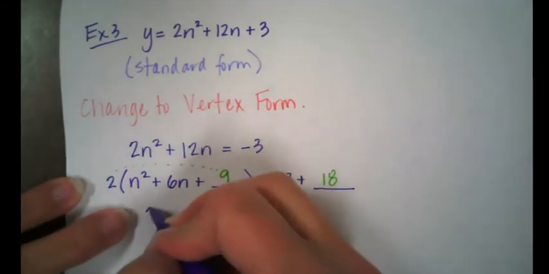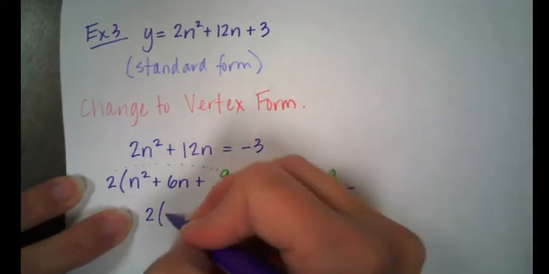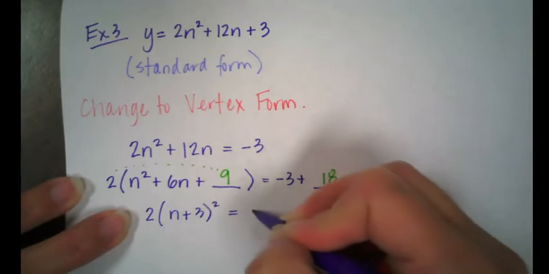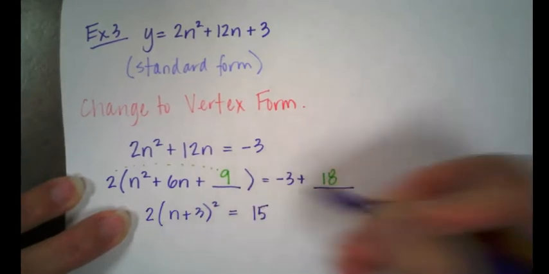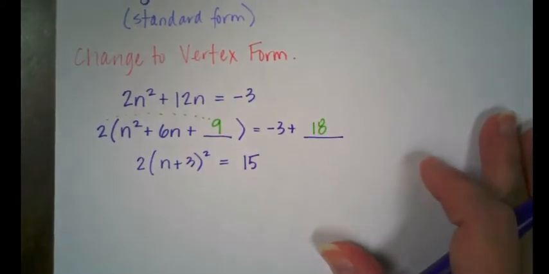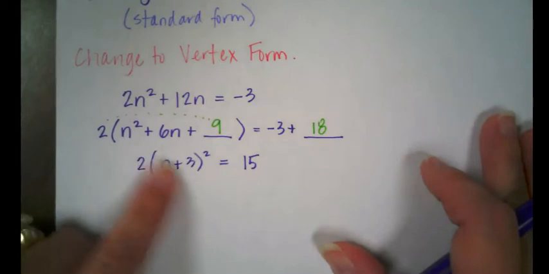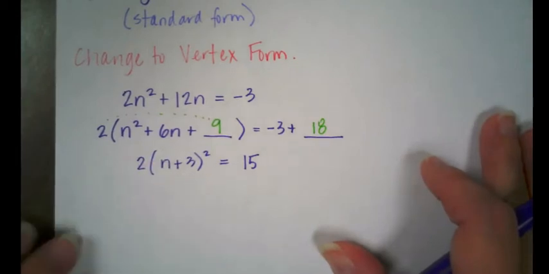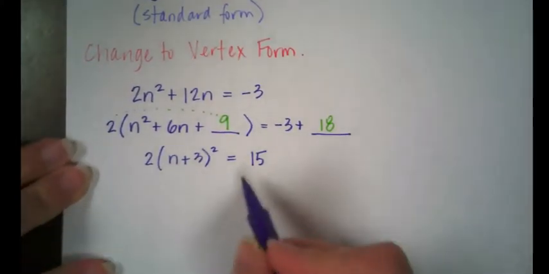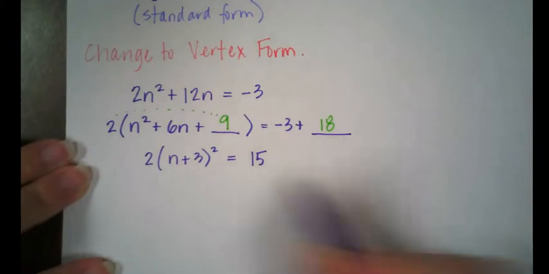So we will factor this down to be n plus 3 squared equals 15. This is where we're going to stop, because we're not solving for n. We just wanted to get it into vertex form, and vertex form is once we have our factor squared. The last thing I need to do is move the k back over.